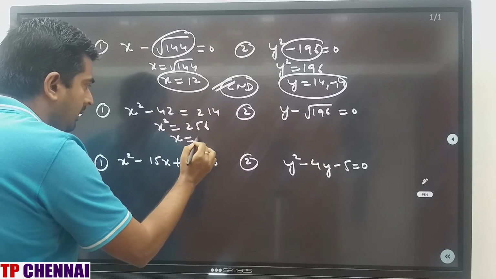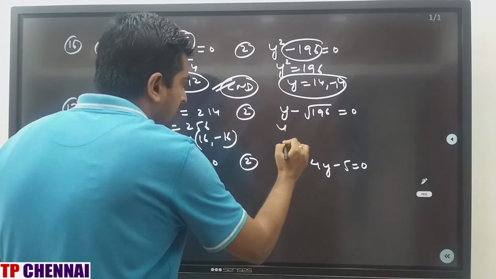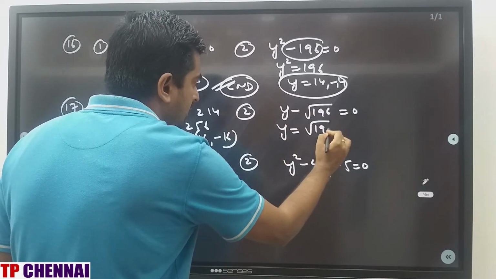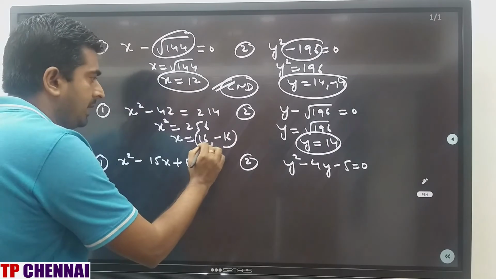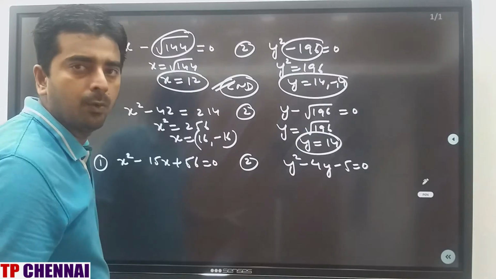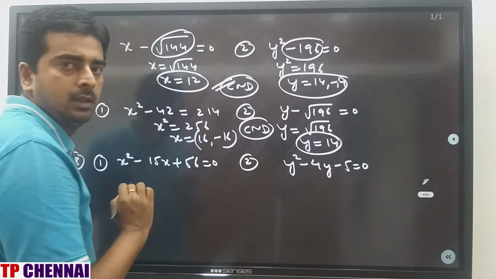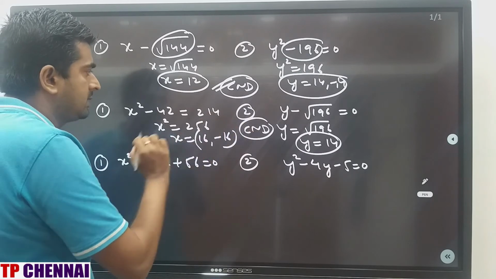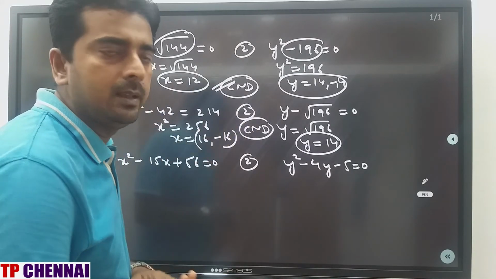So x will be 16, minus 16. And y is equal to square root of 196, so y has only one root, which is 14. Again, when you compare 16 and 14, 16 is greater. When you compare minus 16 and 14, 14 is greater. So my answer is C and D. But you should not follow this logic. What I told you: whenever the constant values in both equations are negative, the answer is directly C and D.